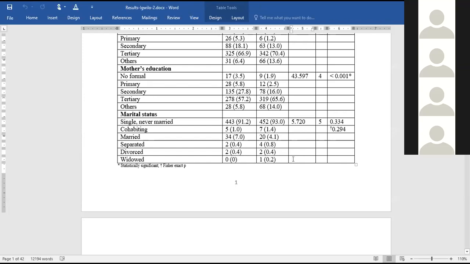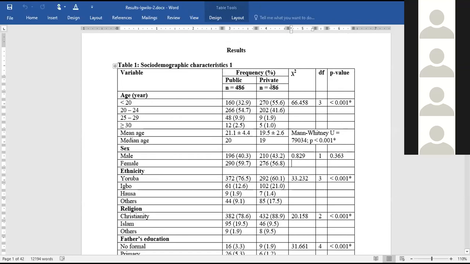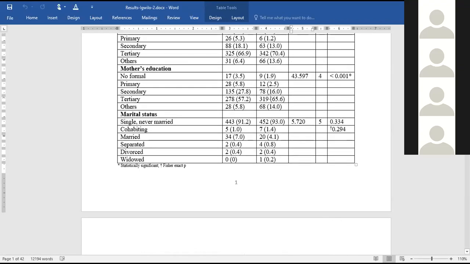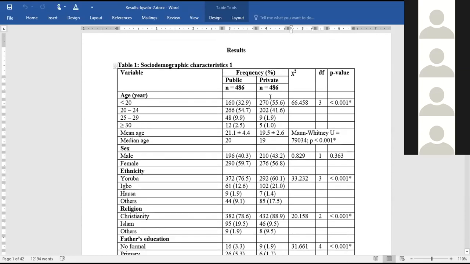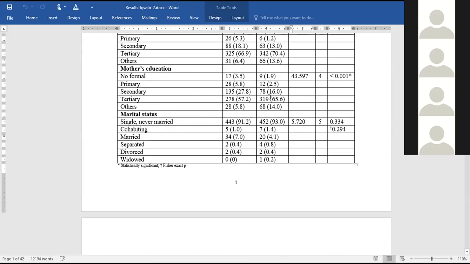The total is very small. Then the column total is 486. You now say 1 times 486 divided by the grand total. Of course, the expected value is very small, less than 5, if not less than 1.